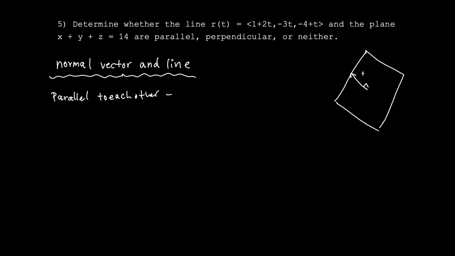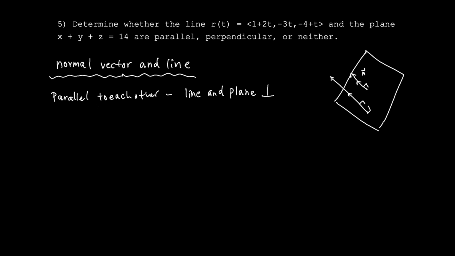If this normal vector is parallel to a line, then the line and the plane have to be perpendicular. So line and plane are perpendicular in this case.